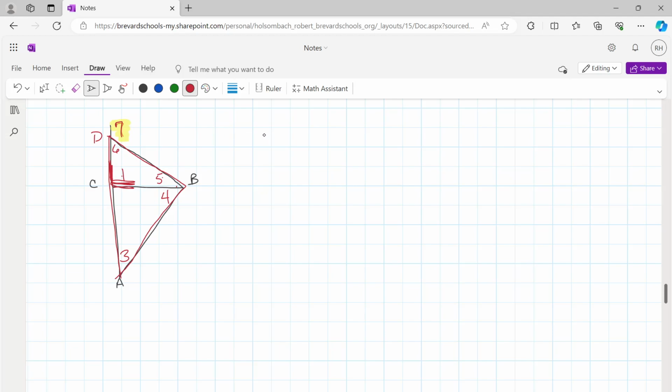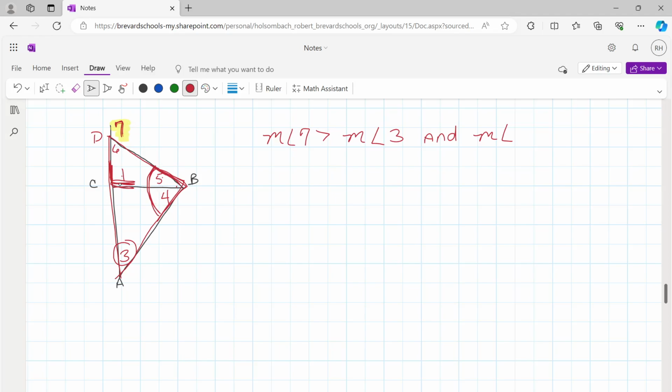And so doesn't the measure of angle 7 have to be greater than the measure of angle 3? And isn't 7 this exterior angle? Do you see these two combined right here at vertex B? Angle 5 and angle 4 added together make this angle up, don't they?